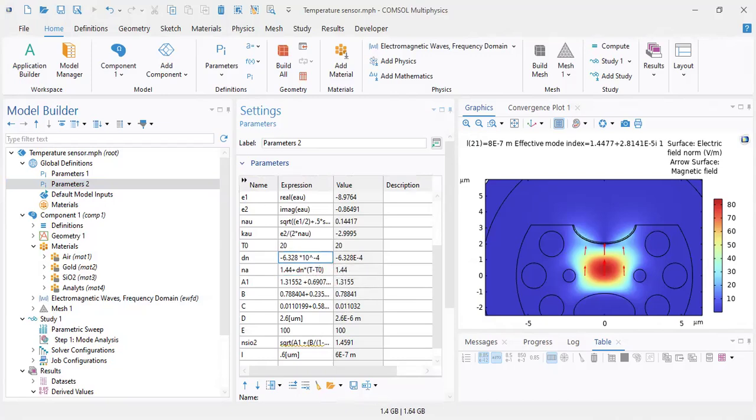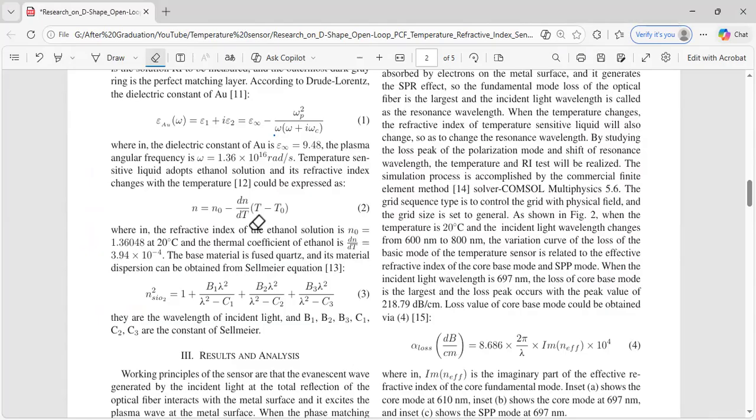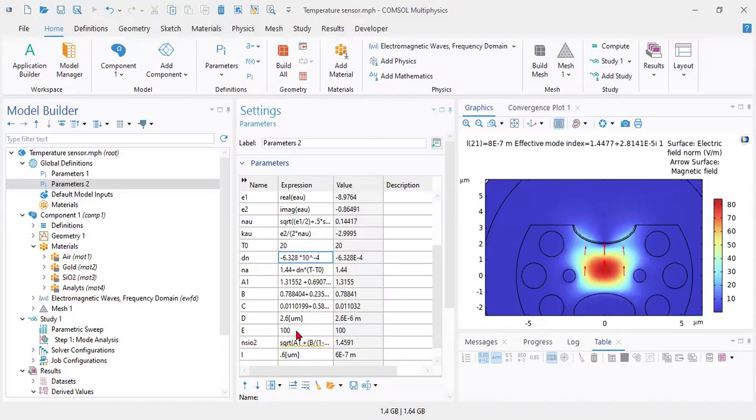Maybe in our case, it is minus. I'm sorry. I wrote it wrong. This is a minus.